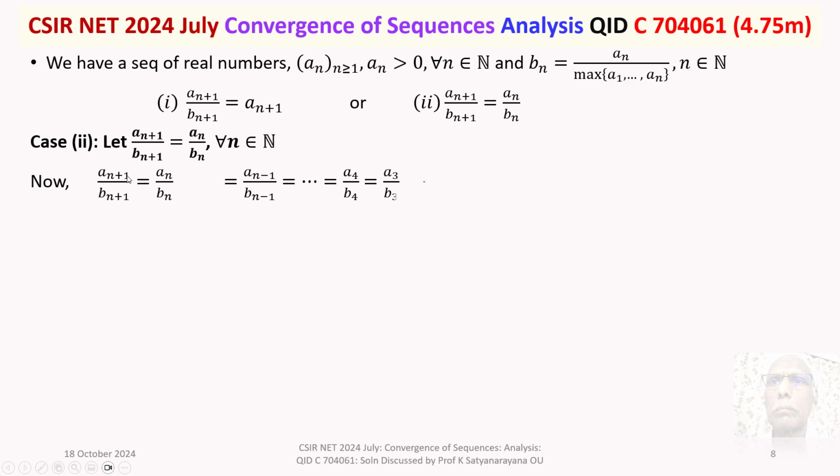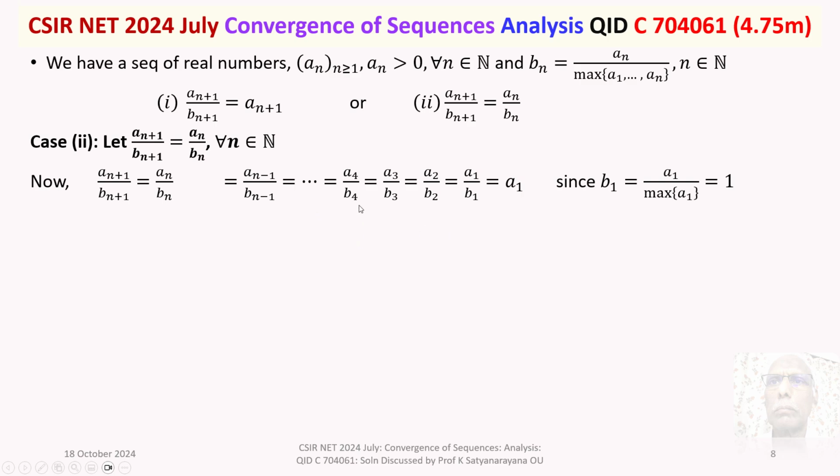That means the suffix is reduced. It is n+1 there, it is n here. So a_n by b_n will be, repeat that, a_{n-1} by b_{n-1}. It is reduced by 1. Is equal to a_{n-2} by b_{n-2}, and so on.